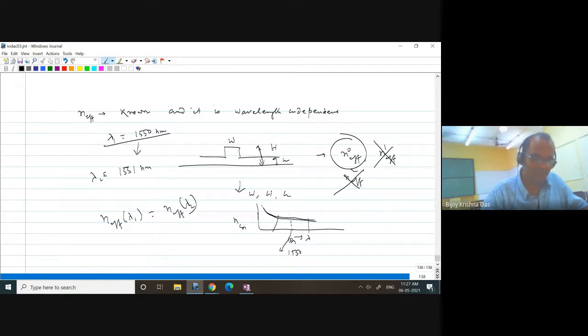So you can assume the refractive index of silicon from 1500 to 1600 is nearly flat. Does it mean I can design a waveguide whose guided mode is also flat as a function of wavelength?